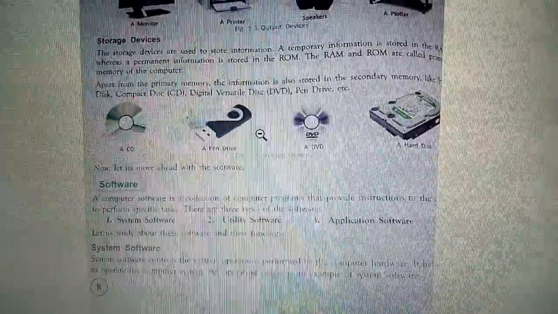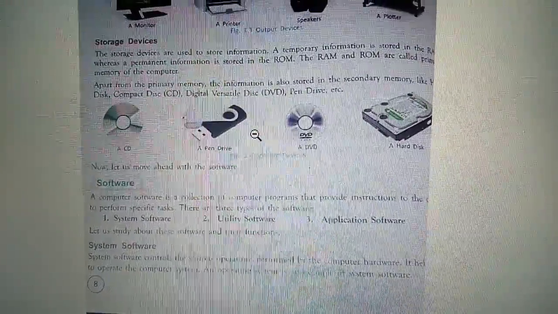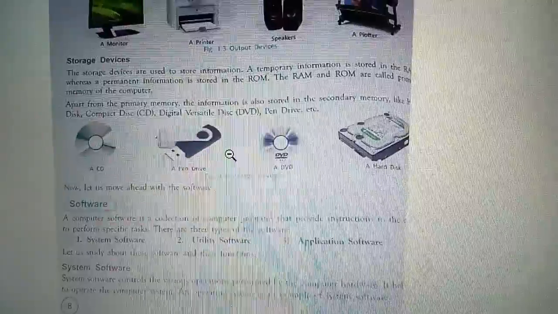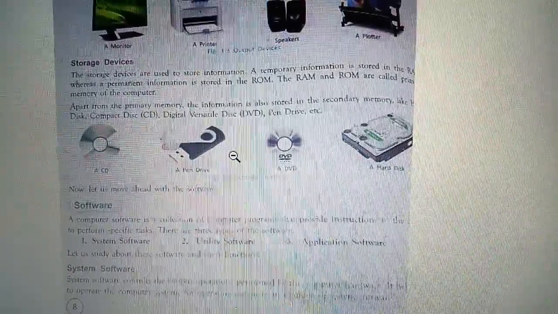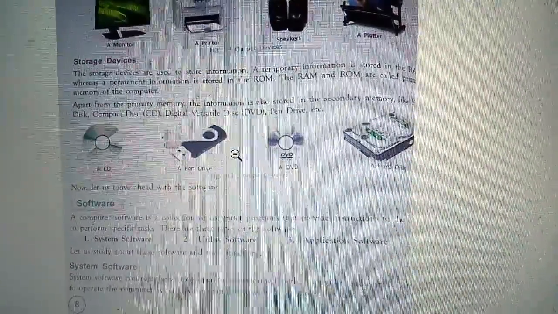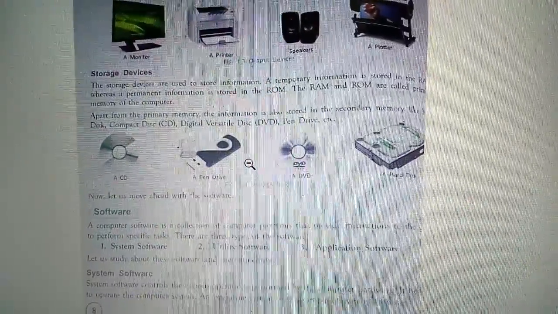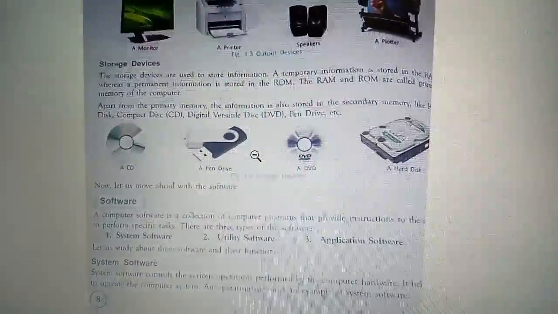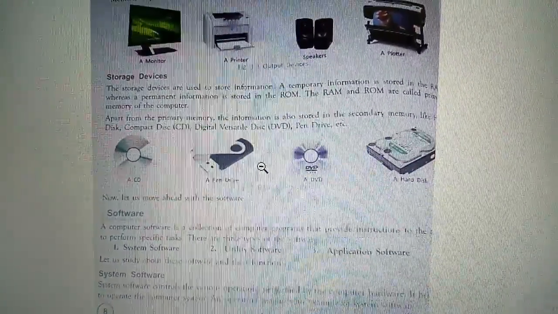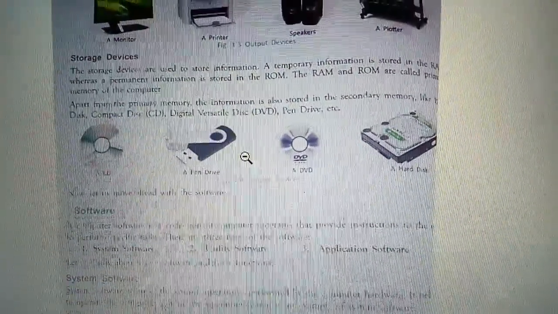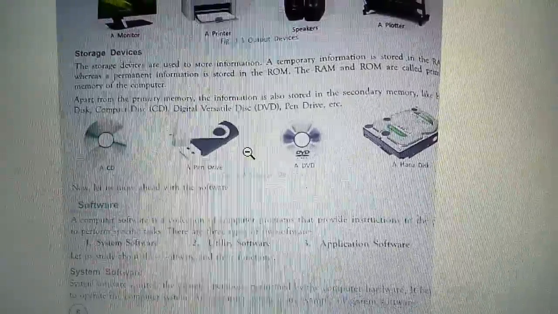We can call them CD, DVD and pen drive. Nowadays we are using these devices to store information. So these are all storage devices.